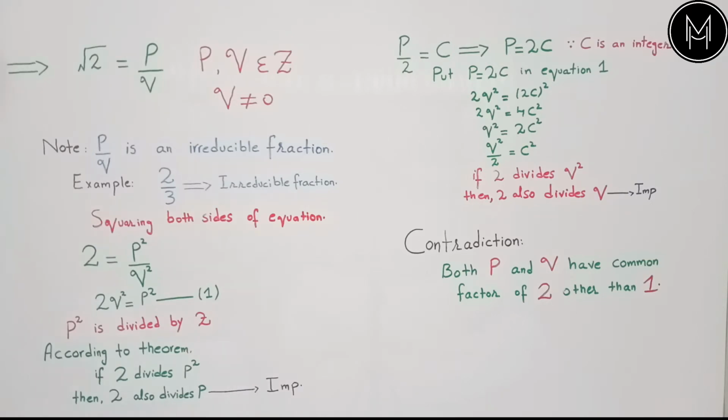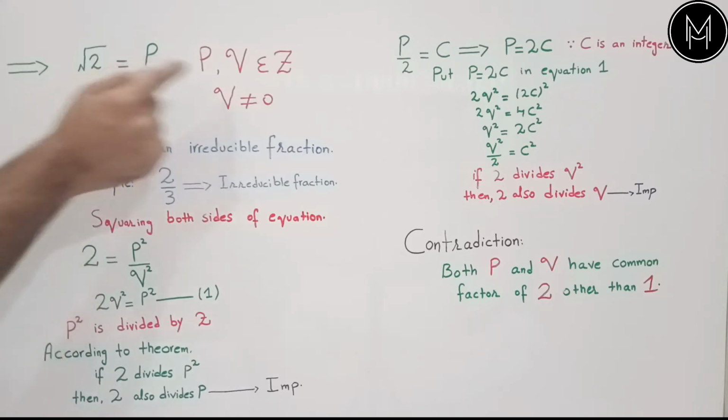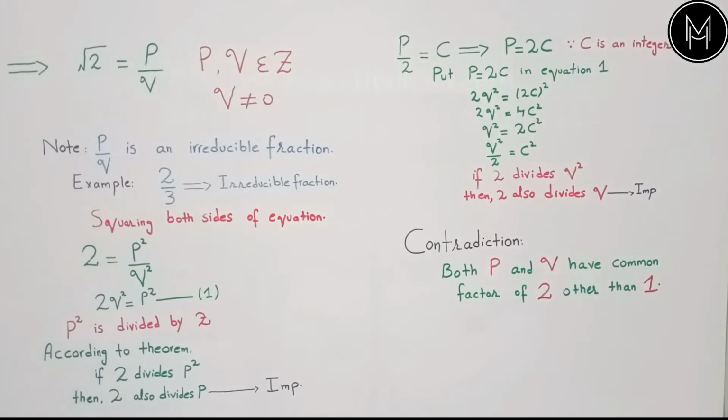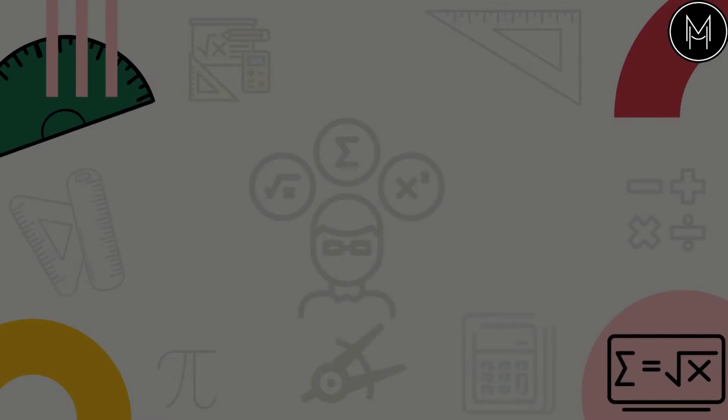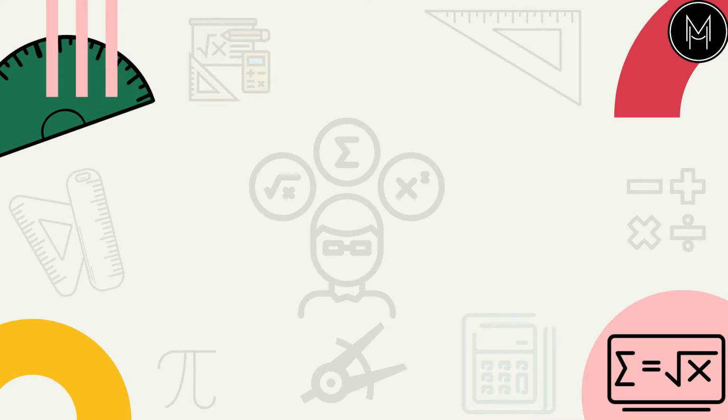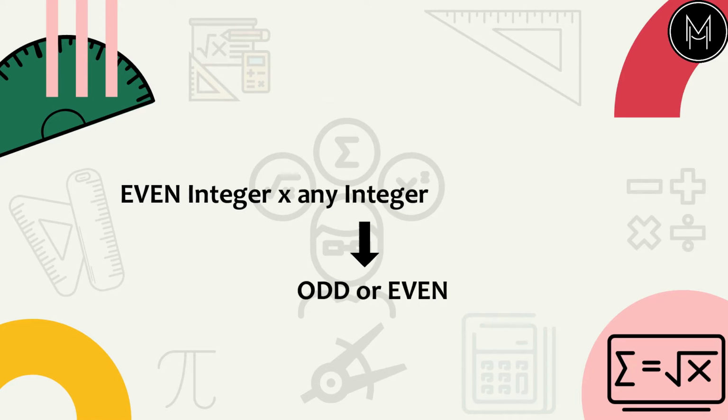Now, there is also one more important concept to understand. We know q is a member of the integers. So if q is an integer, then its square would also be an integer. We also know that when we multiply an even integer with an integer, either odd or even, we always get an even integer.